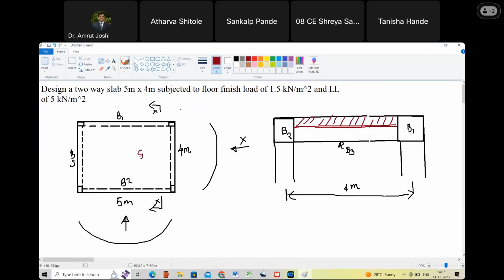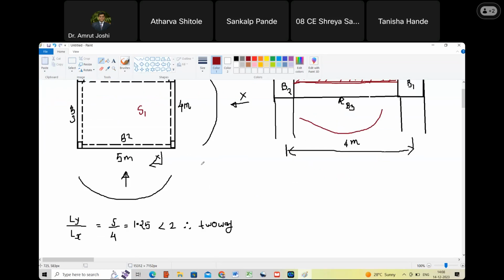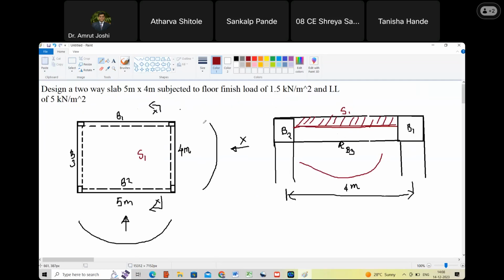I will call this slab S1. Happy? Yes, sir. Now, under the action of loading, this slab is going to bend like this. Do you agree? Yes, sir. This bending I have shown in this fashion. Are you with me? Yes, sir.